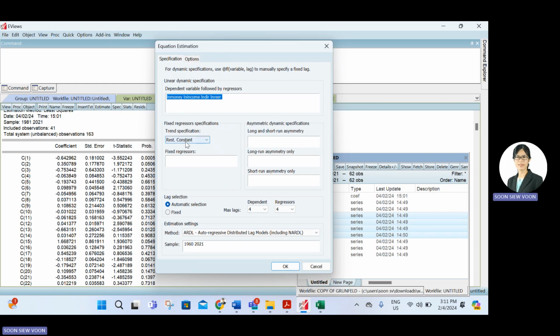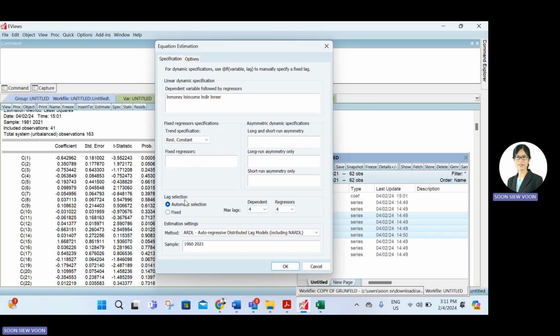Once you scroll down, the test specification refers to whether, for this fixed regressor specification, you include the restricted constant or restricted trend as well as the trend. These are the additional terms you plan to put in, either a trend or a constant, inside your regression.